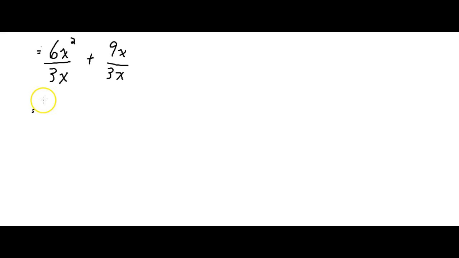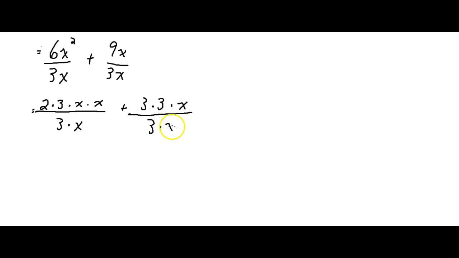So 6 could be factored, that would be 2 times 3, and then x squared is x times x, all over 3 times x. Over here, 9 is 3 times 3, times x, that's 9x, all over 3 times x.